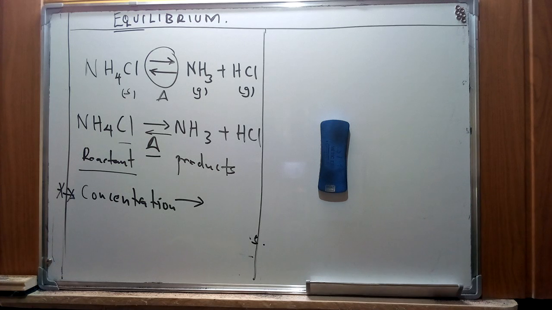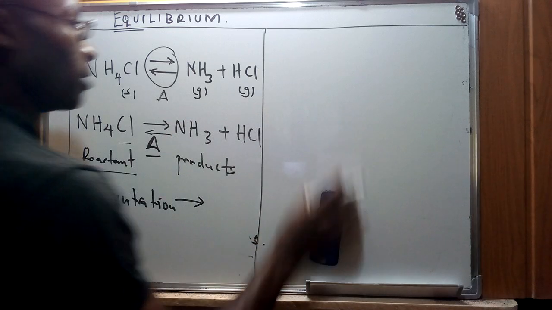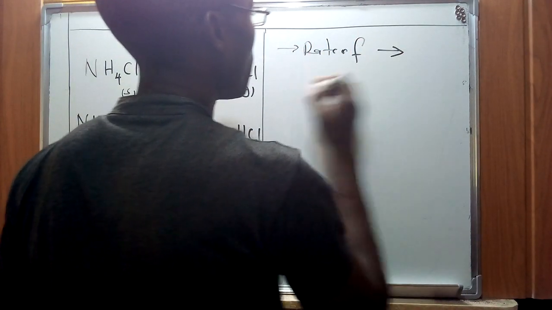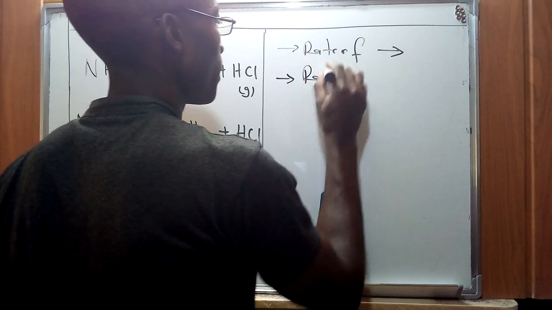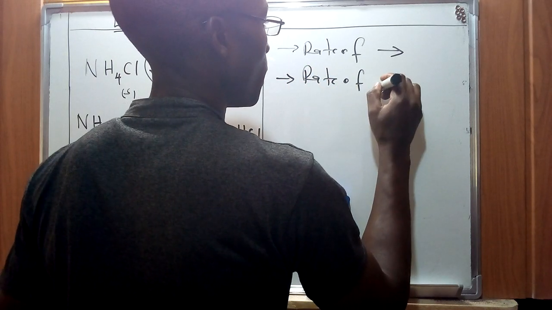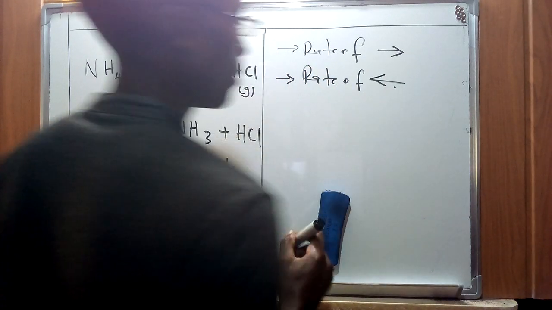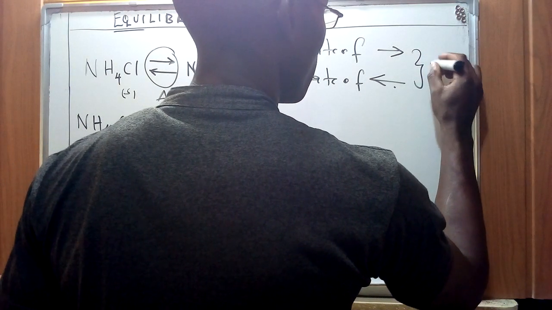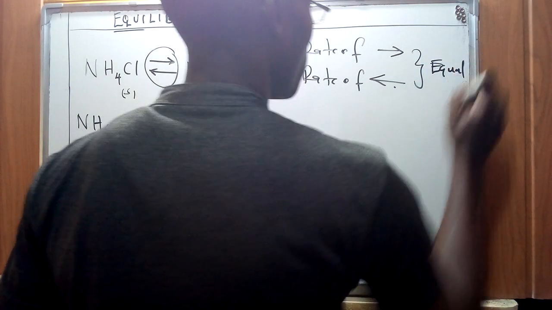So the concentrations for both the forward and the backward reaction are going to change, but a point is going to be reached whereby the rate of the forward reaction and the rate of the backward reaction are basically going to be the same. So I can just write the point, equal.